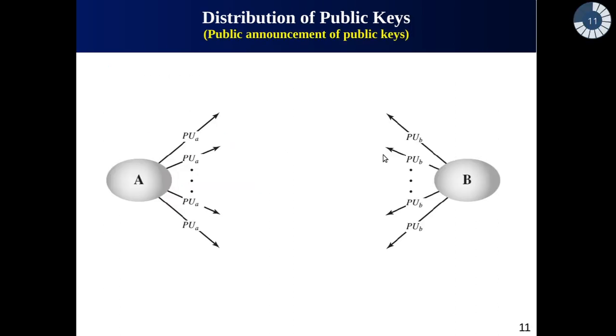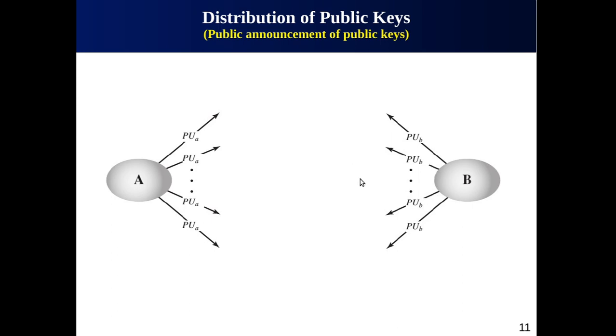The first approach is known as public key announcement. This is a very simple approach. Any participant can send his or her public key to any other participant, or even broadcast the key to the community at large. Here we can see A publicly announces the public key to everybody else, and B publicly announces the public key to everybody else.